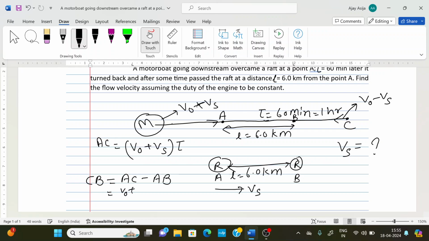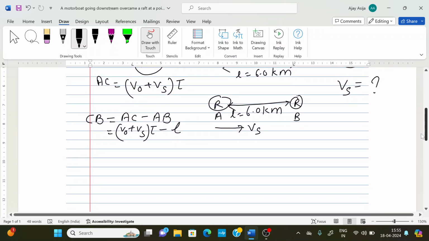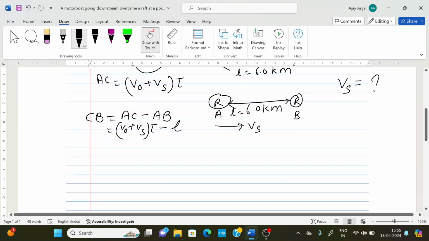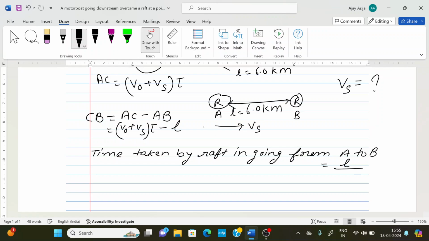AC is (V naught plus Vs) into tau, minus L. Now we have to calculate the time taken by the raft in going from A to B. This will be equal to the distance AB, that is L, upon the velocity of the raft, that is Vs.